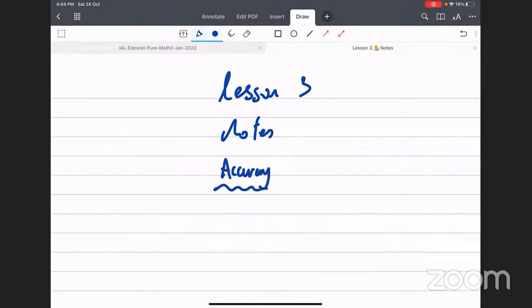Let me get the book. Oh, here is the book.